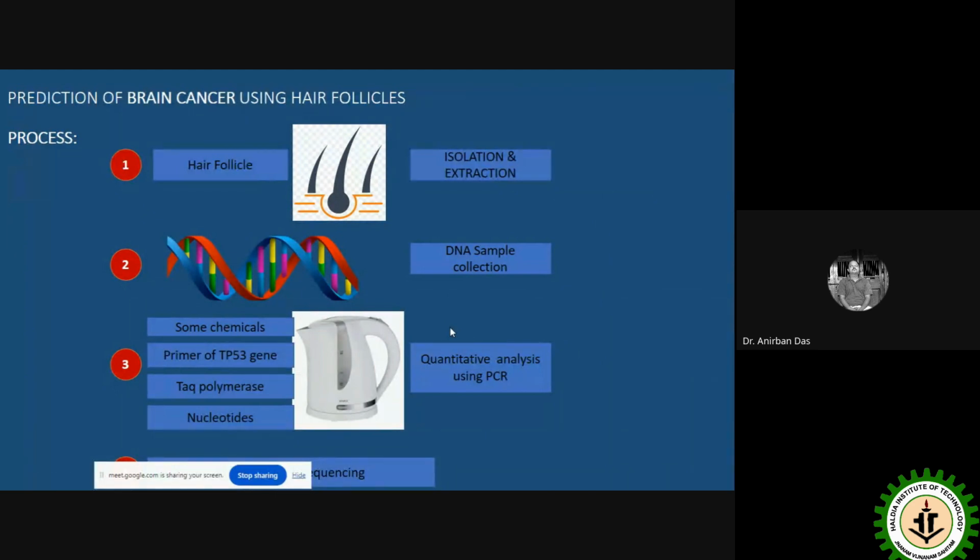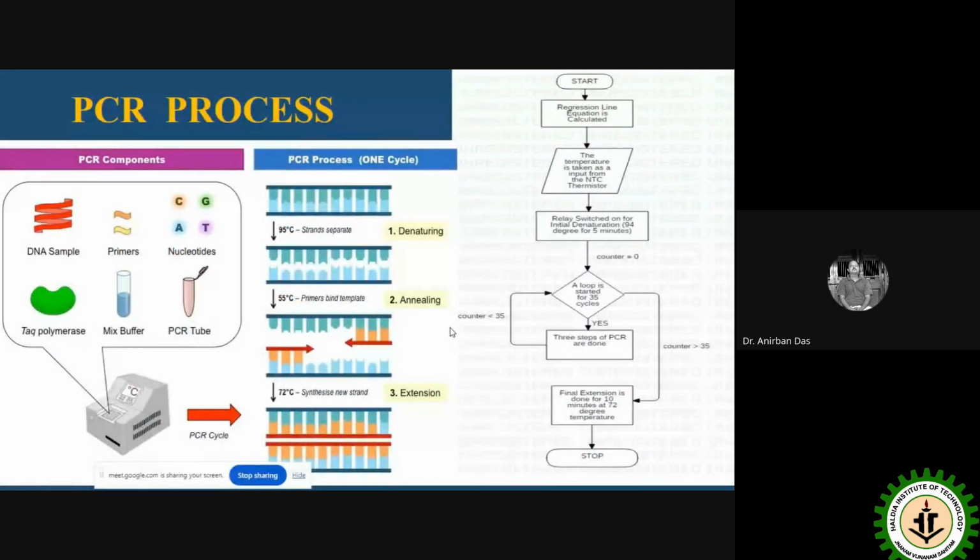There is some process like heating up for a certain duration, then it is cooled, again reheated for some duration, again cooled, like that. Actually, the nucleotides are amalgamated with the DNA we have taken here. After the amalgamation is done, that particular solution is sent to the DNA sequencer machine. This is the process of the PCR.